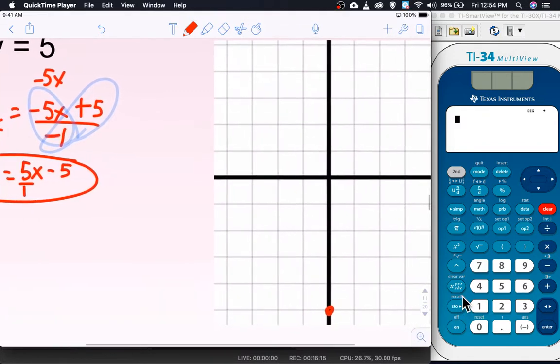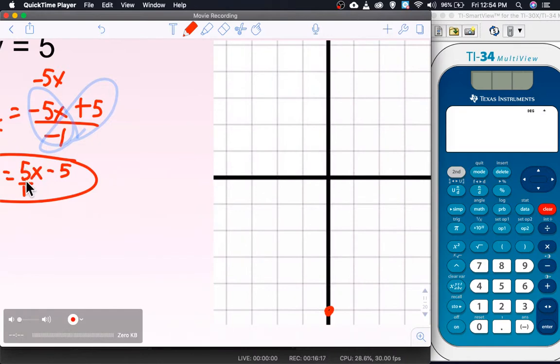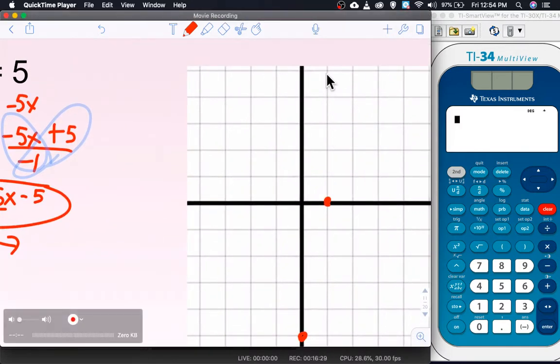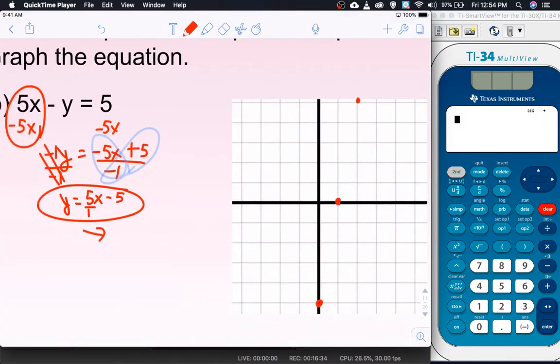The slope tells me to go up 5/1. Remember, over is always to the right. So up 5, over 1. Dot. And again, up 5, over 1. Dot. And then finally, we just draw a line through the 3 points. And there is our line.